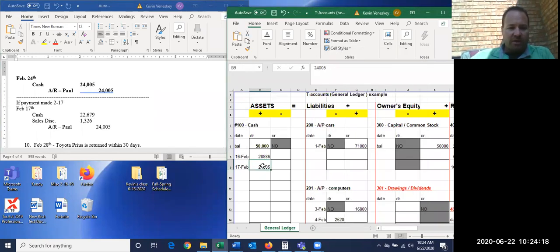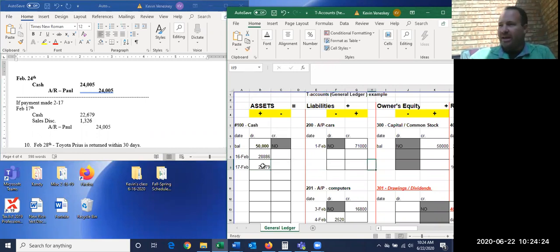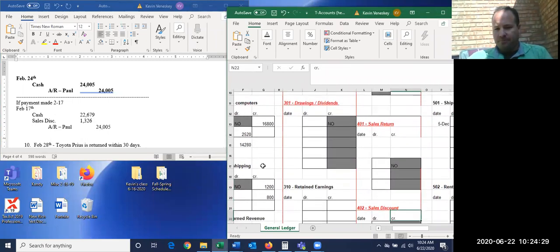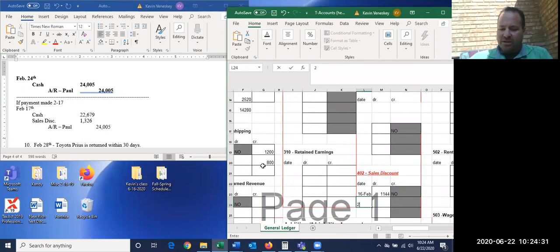So let's change this to $22,679. And then let's show that they had a discount on 2-17 for the $13.26.